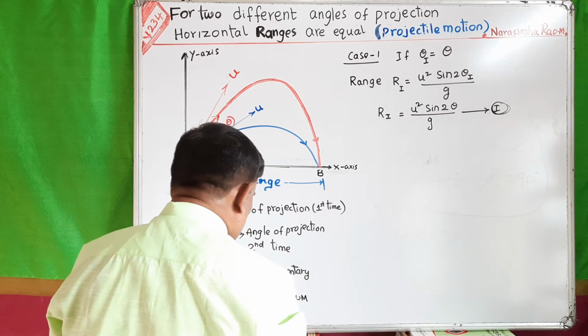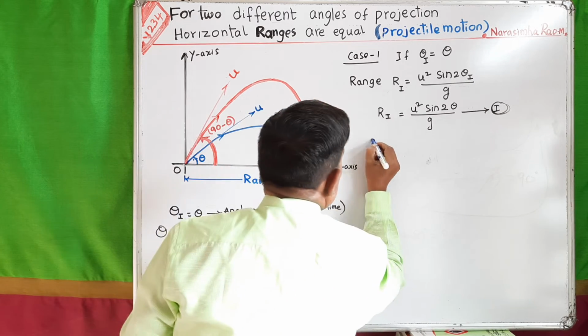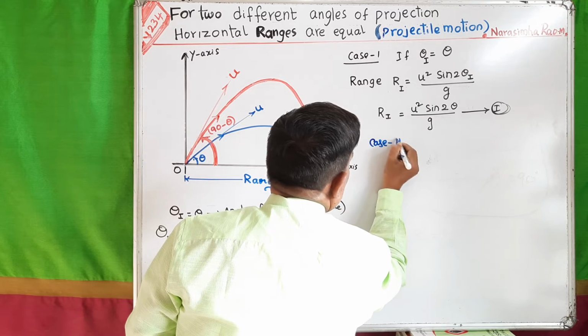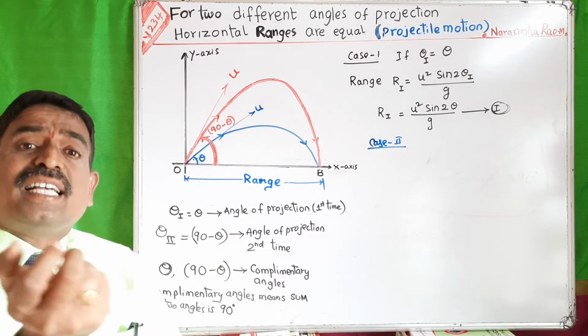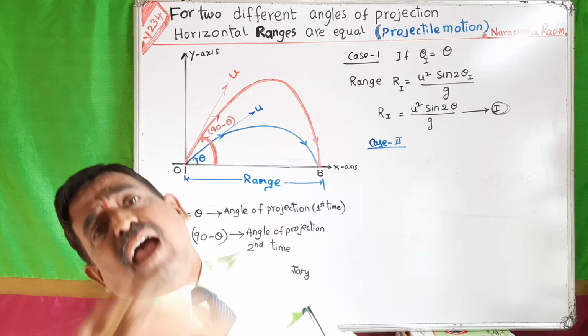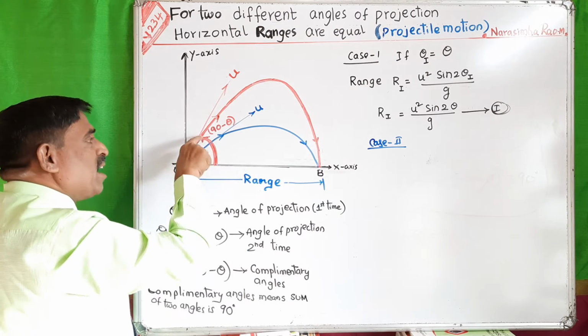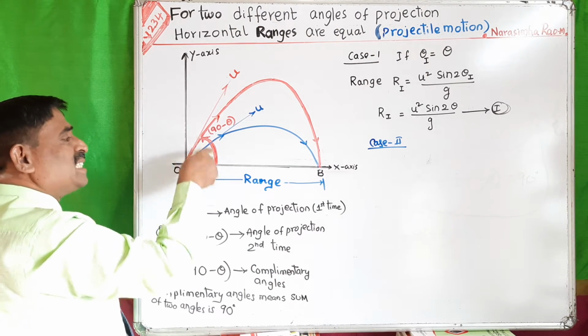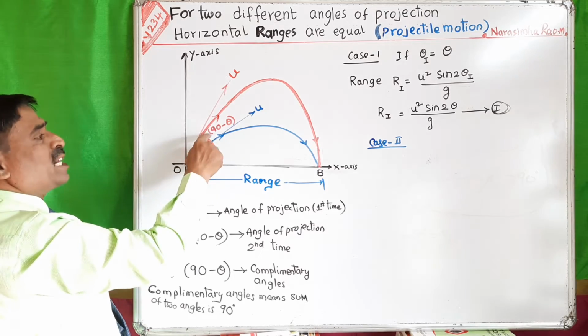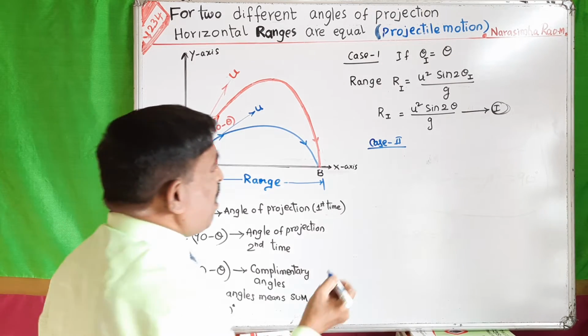Now case 2. Second time I am throwing the same stone with the same velocity but a different angle of projection. Second time angle of projection is 90 minus theta.